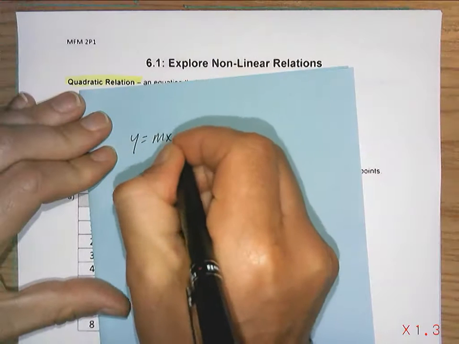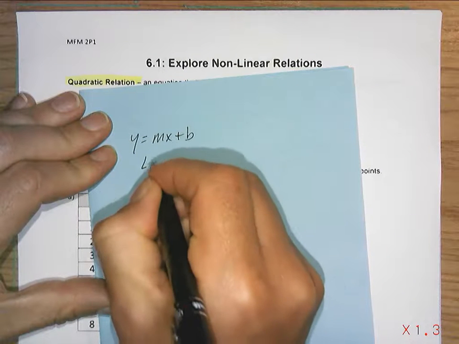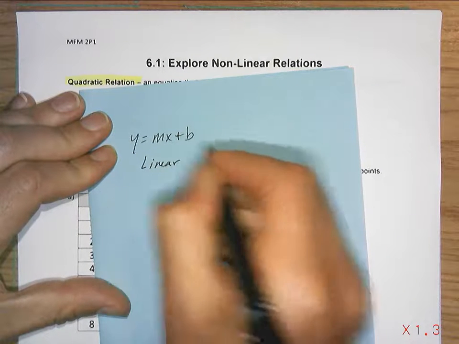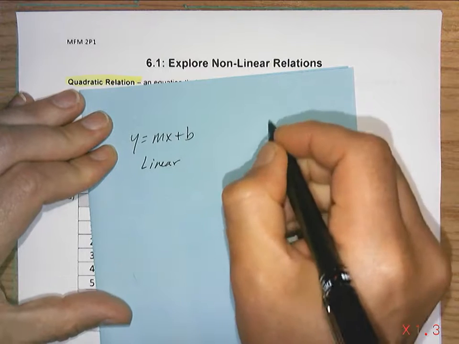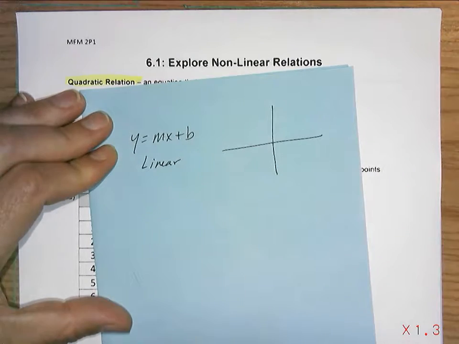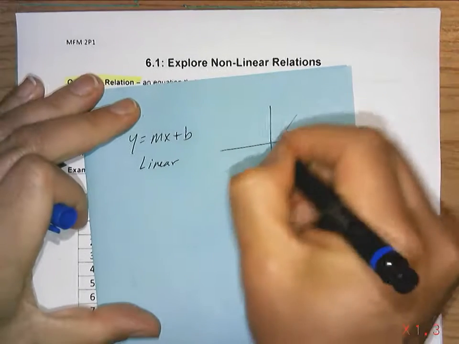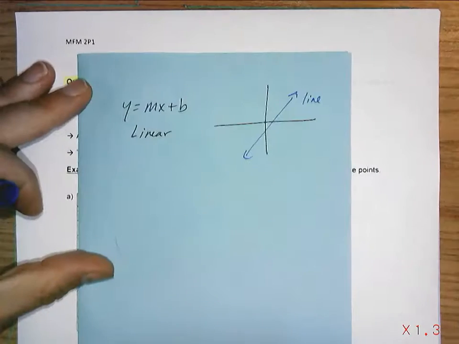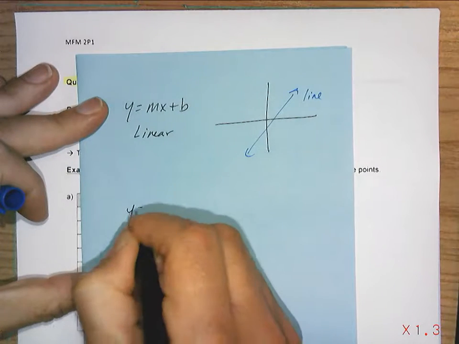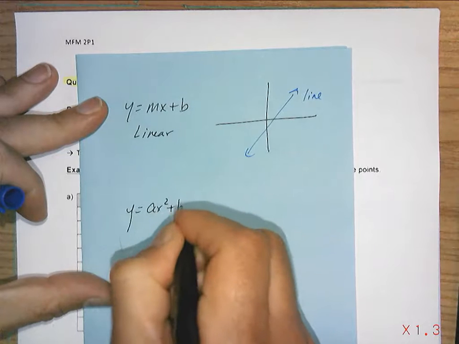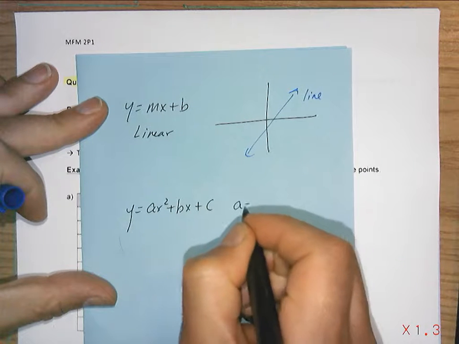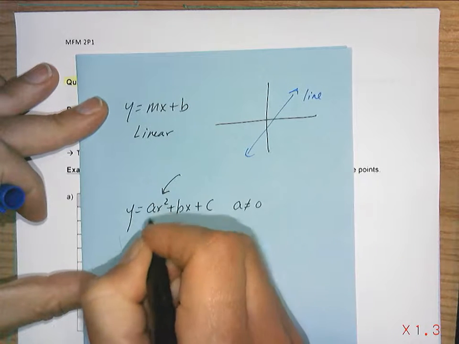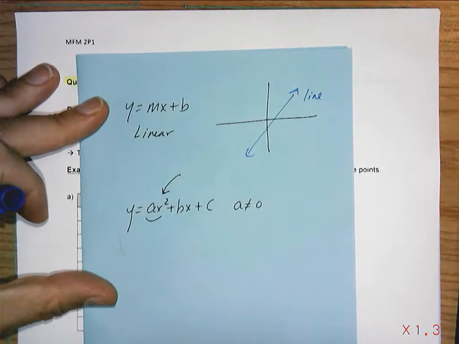If we think about y equals mx plus b as being linear as an equation, it makes a line when we graph it. If we think of a quadratic, it's got to have this ax squared term to it.